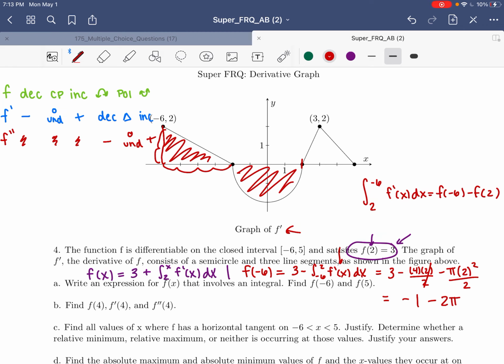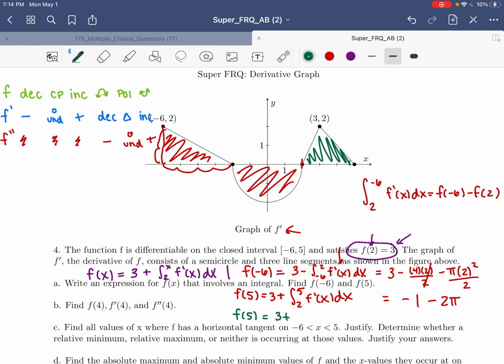And then our next one, we need to find f of 5. That's going to equal 3 plus the integral from 2 to 5 of f prime of x dx. In this one, I need the integral from 2 to 5, which is just going to be that triangle.